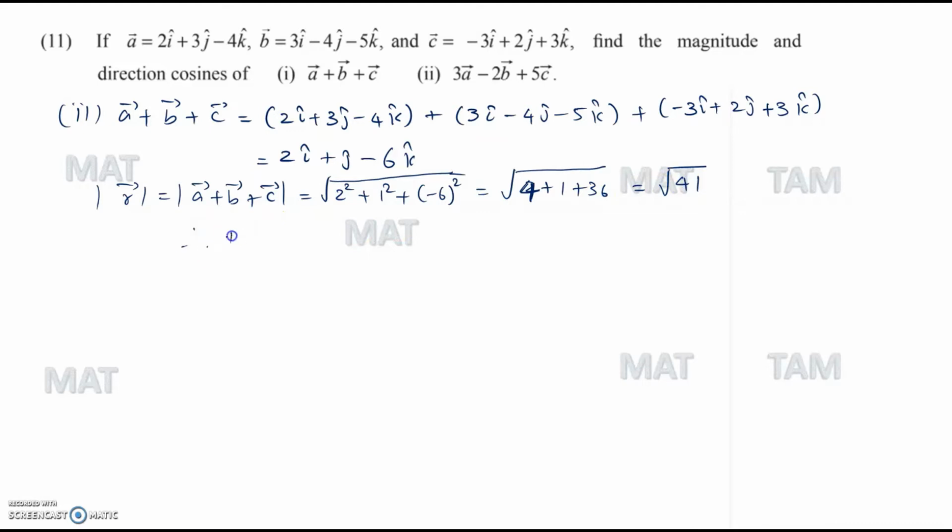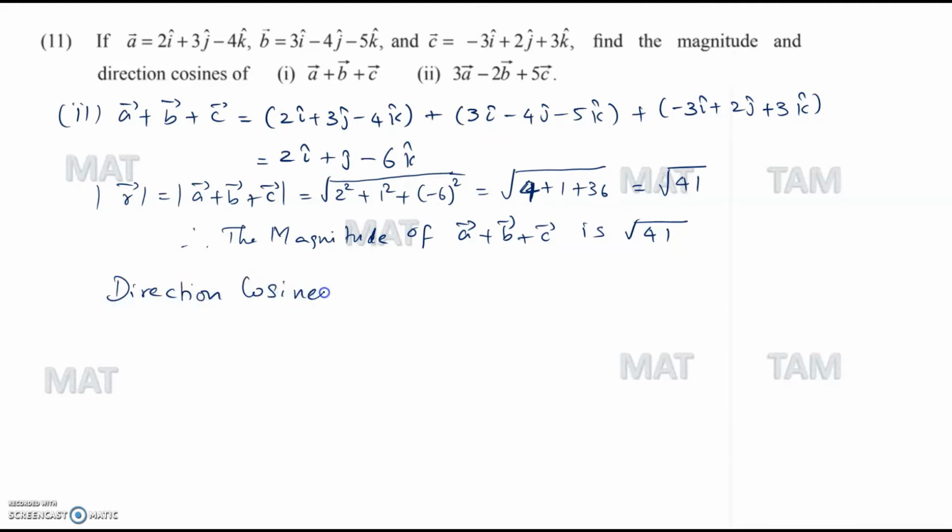Therefore, the magnitude of vector A plus B plus C is square root of 41. Next, the direction cosines are 2 by root 41, 1 by square root of 41, minus 6 by square root of 41. That's the answer for the first part of the problem.